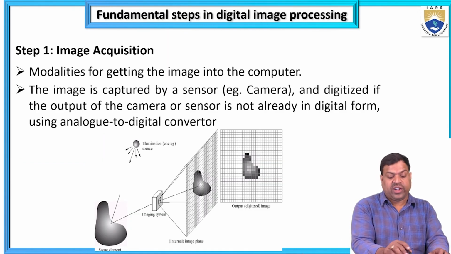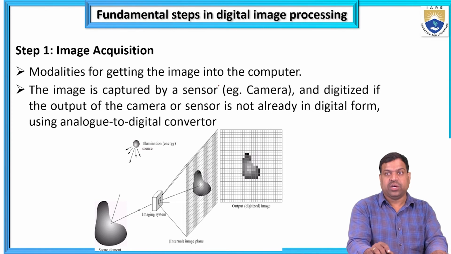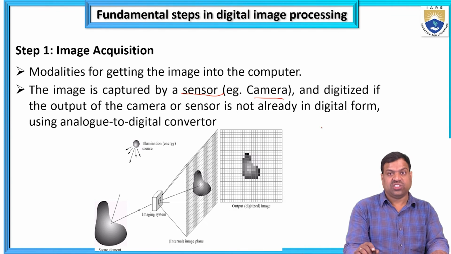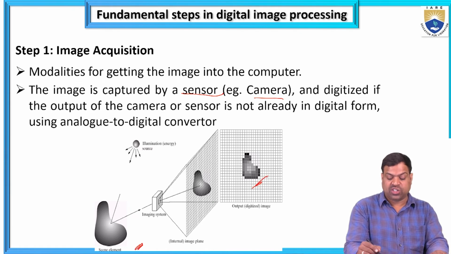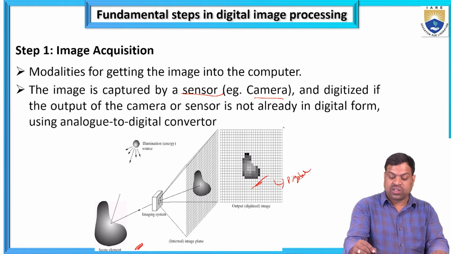Next, image acquisition is a modality for getting the image into the computer. The image is captured by a sensor, for example a camera. Previously we discussed that a sensor is nothing but a camera. And it is digitized, if the output of the camera or sensor is not already in digital form, using an analog to digital converter. So it is in analog form, and I am converting it to digital form. How do I know it is digital? These are the pixels.